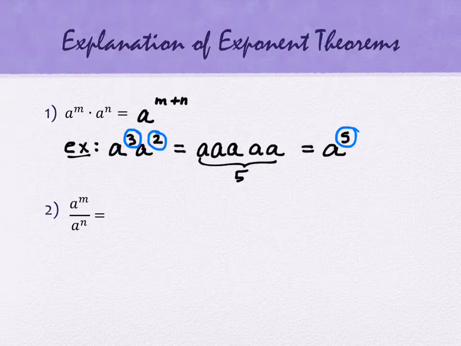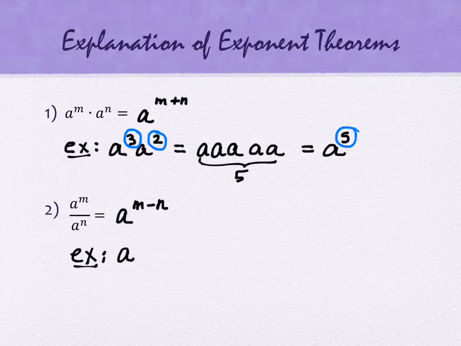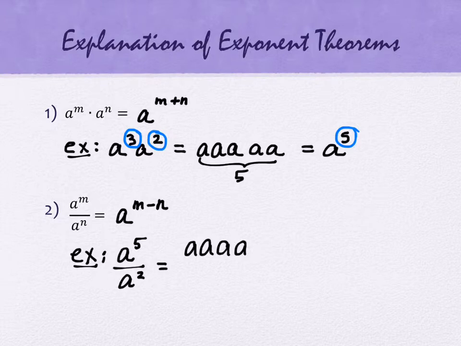All right, what was the second one? The rule, the property. Subtract. Very good. All right, so again, we're going to do an example. And we're going to do a to the 5th over a squared. So what is a to the 5th? A, 5 a's, right? What is a squared? 2 a's. And this is all multiplication on top, multiplication on bottom. And these are fractions.